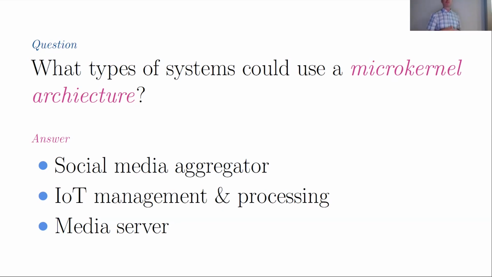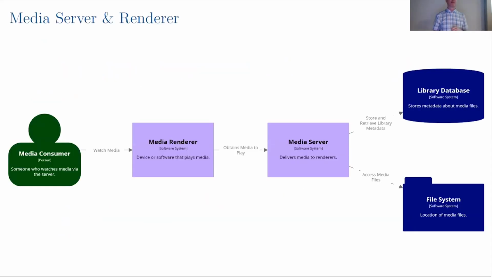And a media server would be another example. So we don't have time, but there is in the slides an example working our way through a microkernel architecture for a media server. And so I stole the architectures from Plex and Kodi and merged them together to come up with the example.